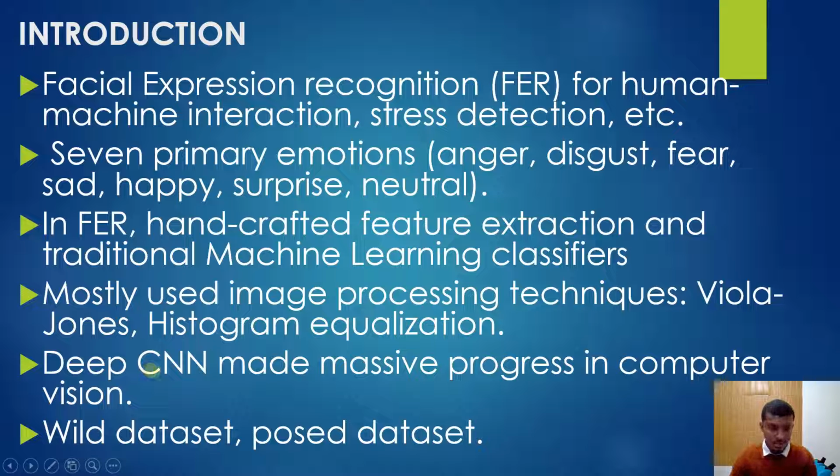And deep convolutional neural networks made massive progress in computer vision, allowing us to train deep models with good convergence, and those models can be tested on new data and perform well.